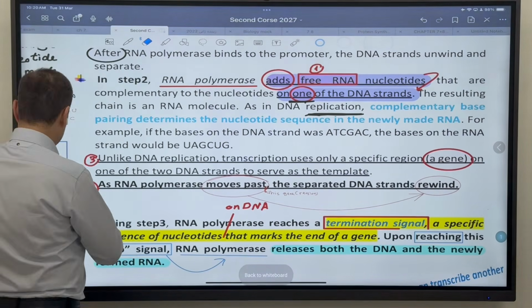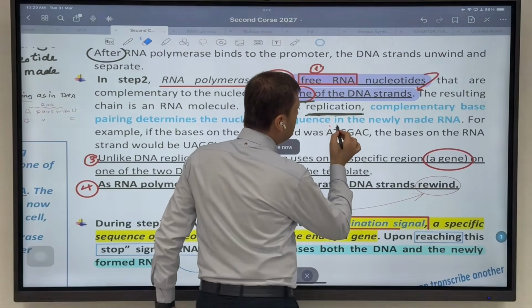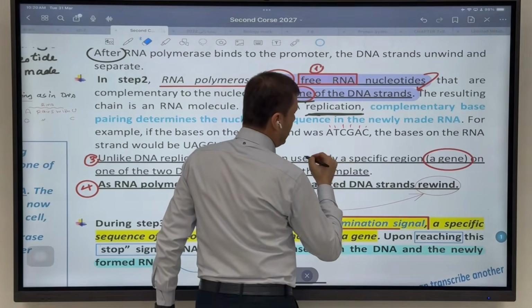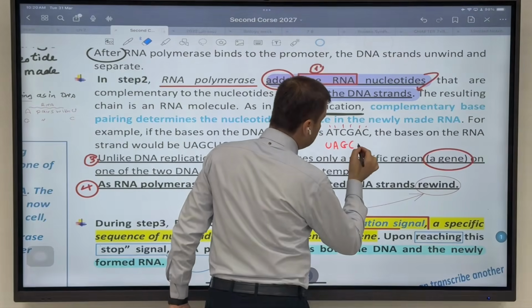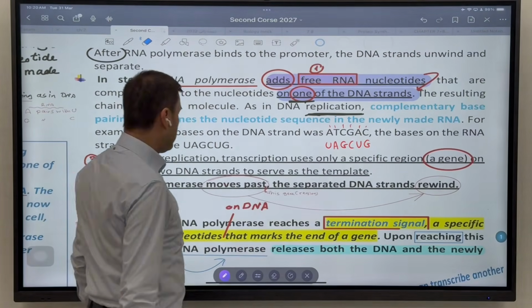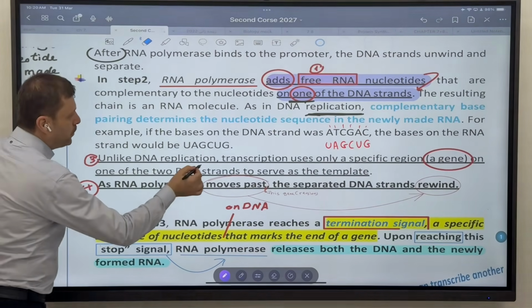For example, if you have A, T, C, G, A, C in the DNA, the RNA polymerase adds U, A, G, C, U, G. That's all.